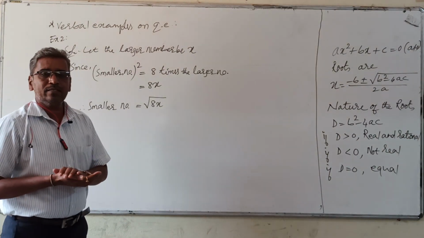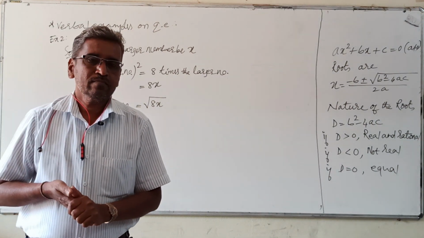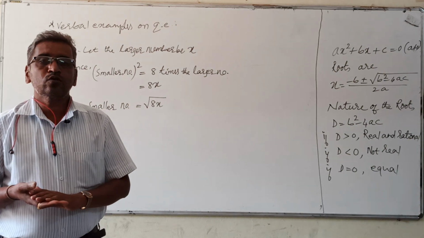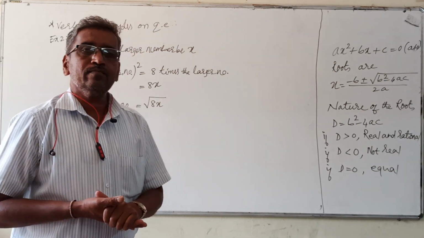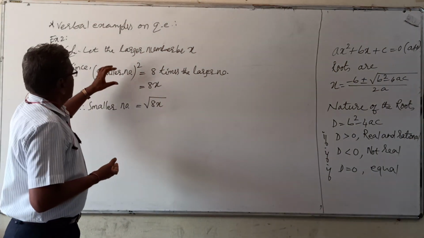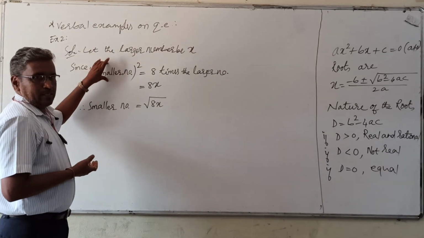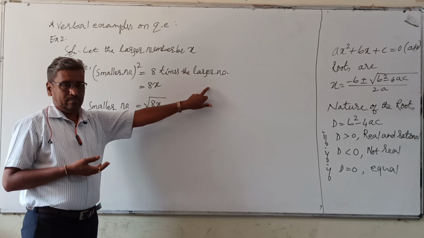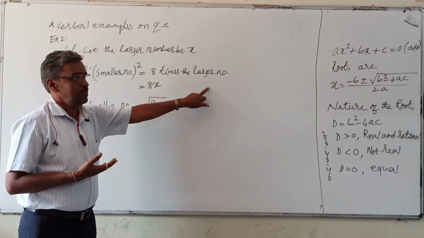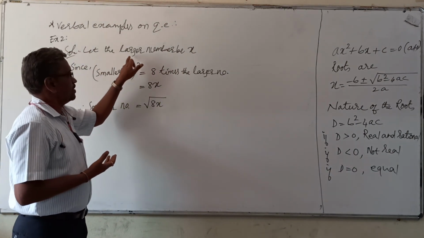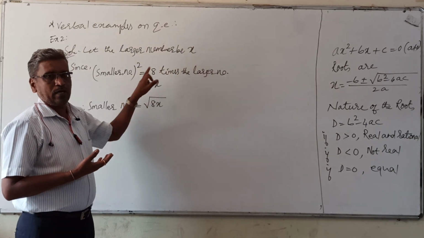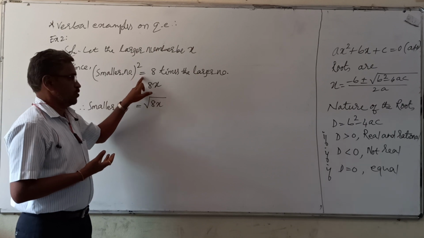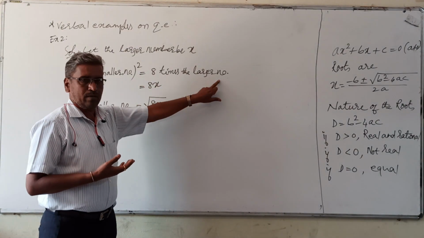Once again I am repeating that example. The difference of the squares of two numbers is 180 and the square of the smaller number is 8 times the larger number. This is the given condition. So we have taken, let the larger number be x. Therefore, according to condition, the square of the smaller number is equal to 8 times the larger number.